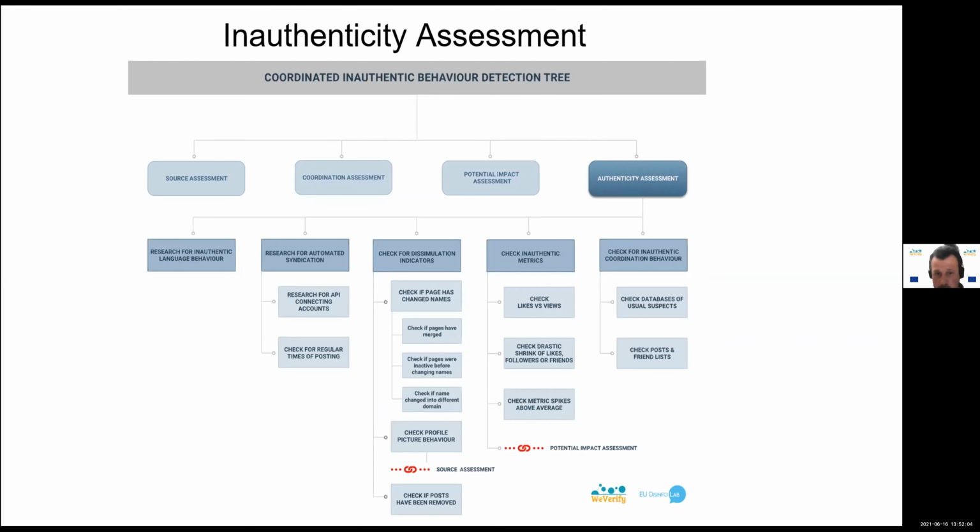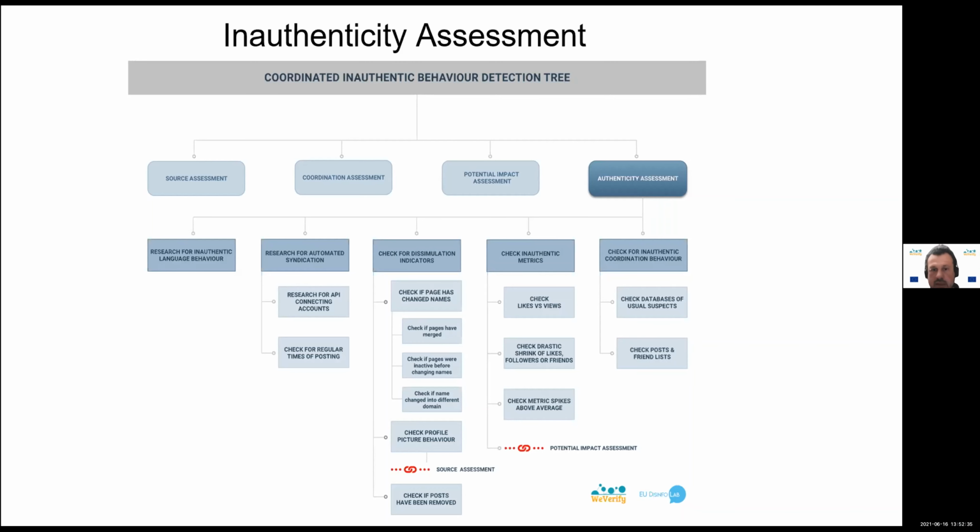There are also dissimulation indicators. Check if a page has changed names, because most of the time CIBs like to use repurposed accounts, which can then be populated with one type of content. For example, we saw a K-pop fan page suddenly turned into political advertising.